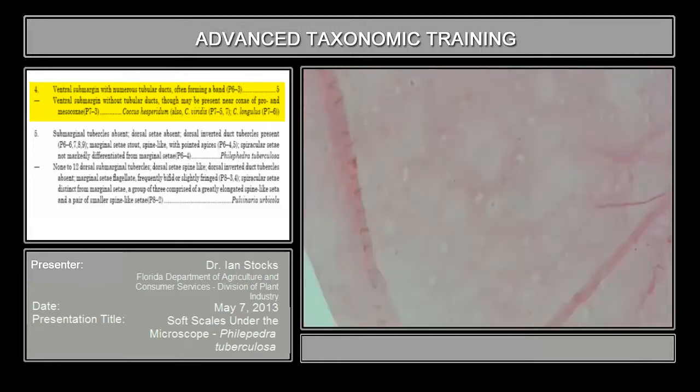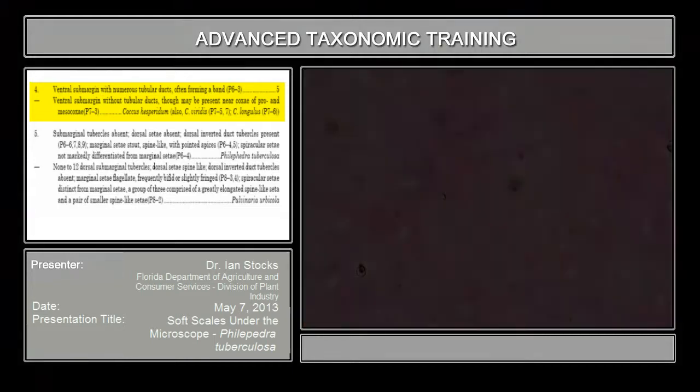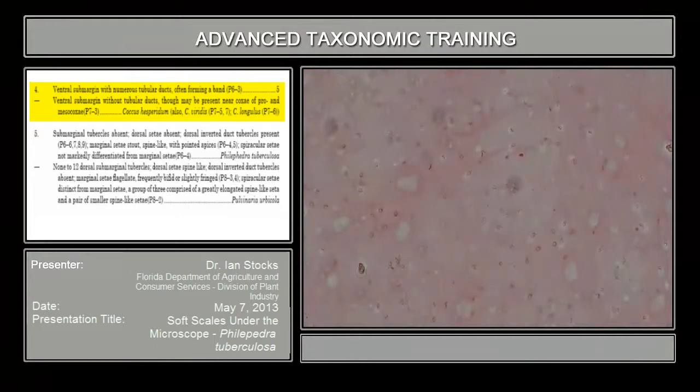Now, pick a part of the slide where you can see the margin quite clearly with the marginal setae, and then just go on into the interior a little bit. At 10x, you're really not going to be able to perceive much. But in that general region, if you go up to 20x, you can see that, again, there's regions where the cuticle is changing color a little bit.